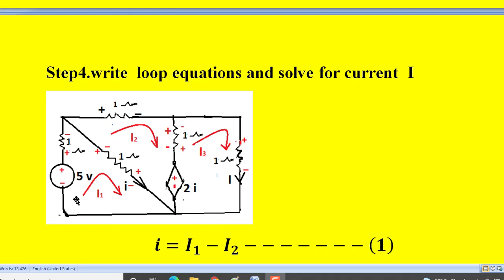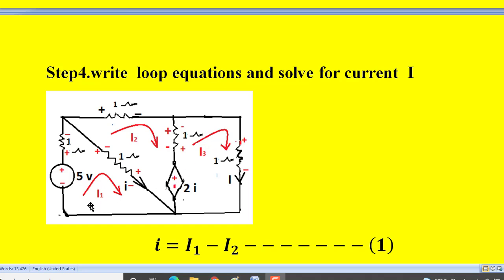Let me draw the given diagram as it is, and then we apply these steps one after the other. First step is to identify the number of loops. The number of loops we identify here are 3 loops. This is the first loop, second loop, and this is the third loop. Next step is to assign the loop currents.